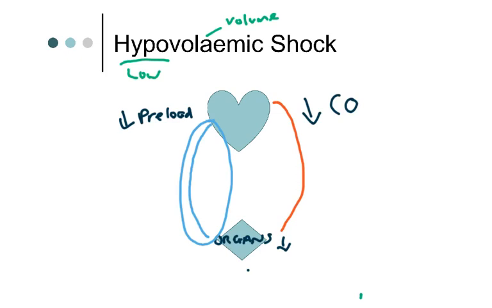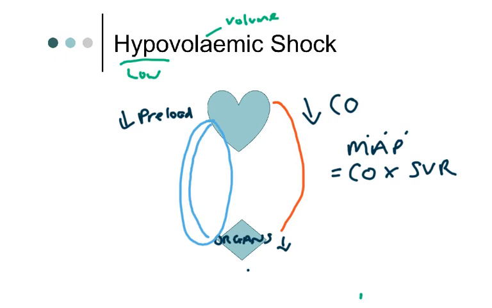So remember the simple equation that MAP equals cardiac output times systemic vascular resistance. MAP is mean arterial pressure. So this is your blood pressure, your average blood pressure, which you will learn more about when we discuss shock in more detail.